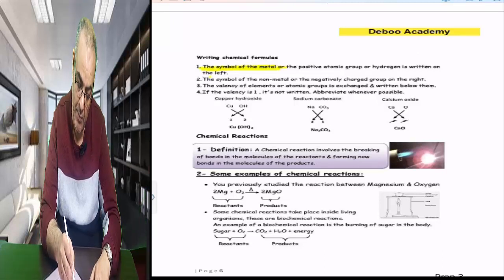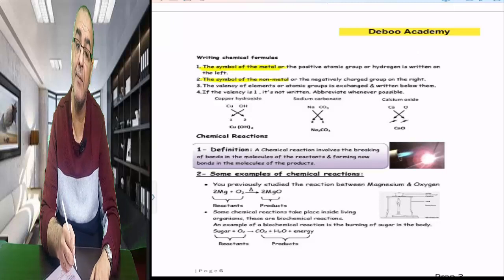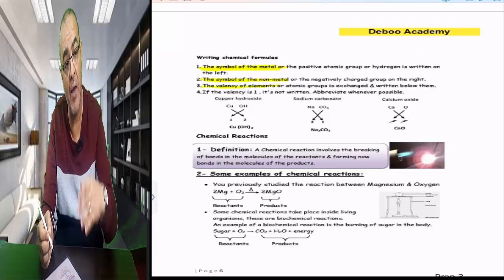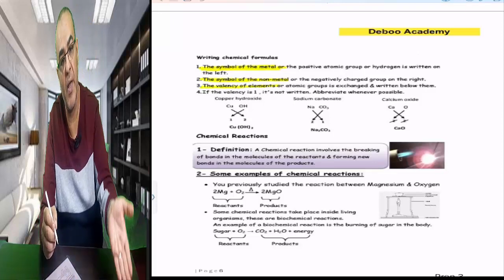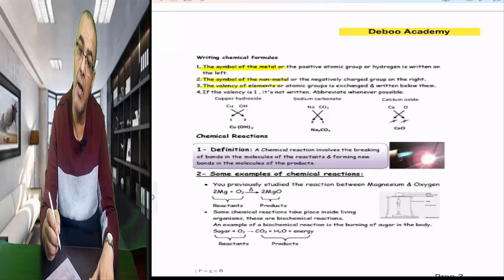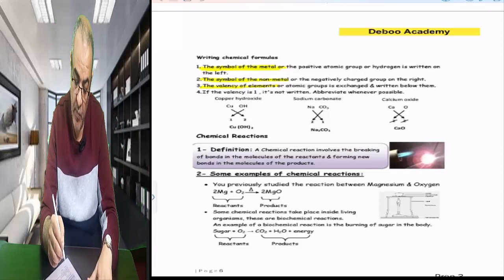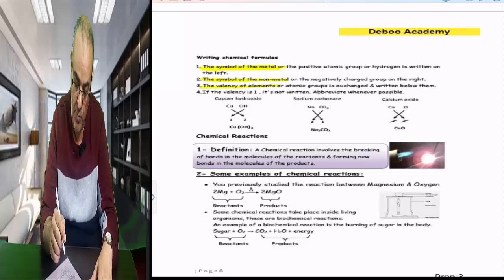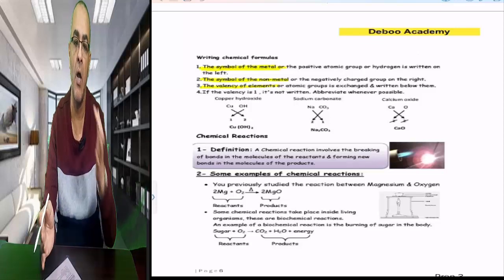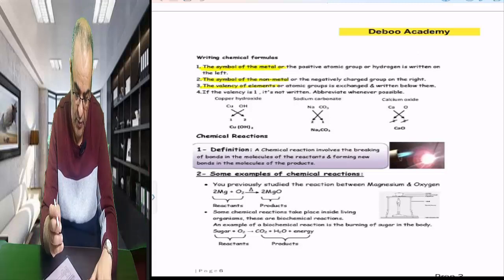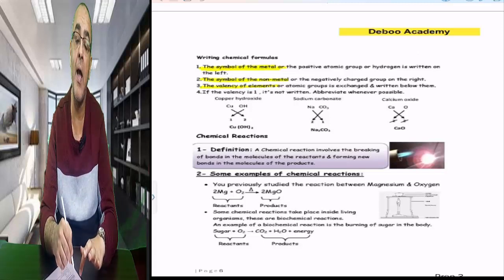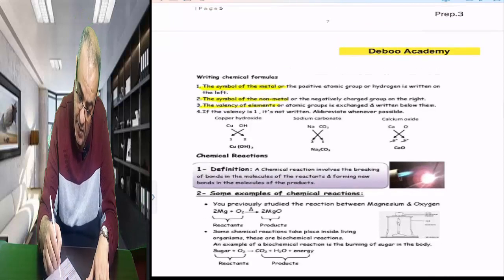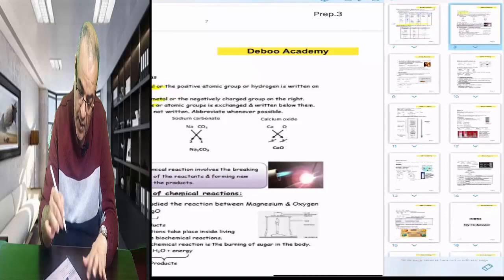The second, most important thing is to know the valency of the element, and we know how to get the valency: the number of atoms gained or shared or lost. And the atomic group, we have to keep in mind the valency of the atomic group like carbonate or sulfate or phosphate or hydroxide. How to write the symbol, come to take an empty page like this.